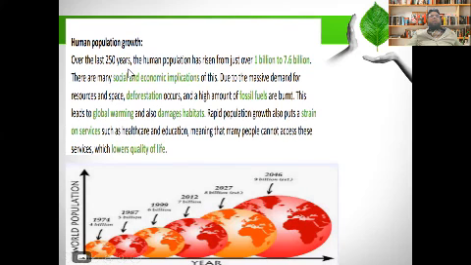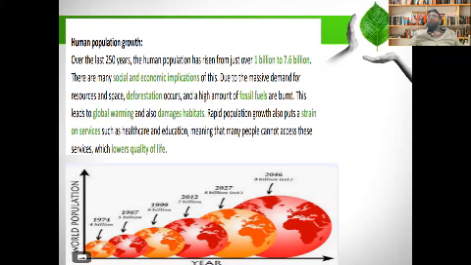So see here, over the last 250 years, the population has risen from just over 1 billion to 7.6 billion. There are many social and economic implications of this due to the massive demands for resources and space. As the population increases, it requires resources, and it also requires space.